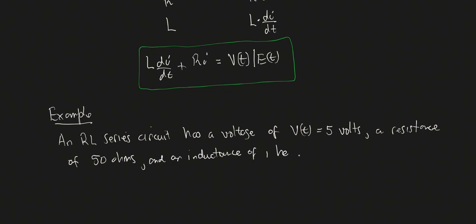Henry is the unit for inductance, named after a person. In fact, these are all named after people. And no initial current.